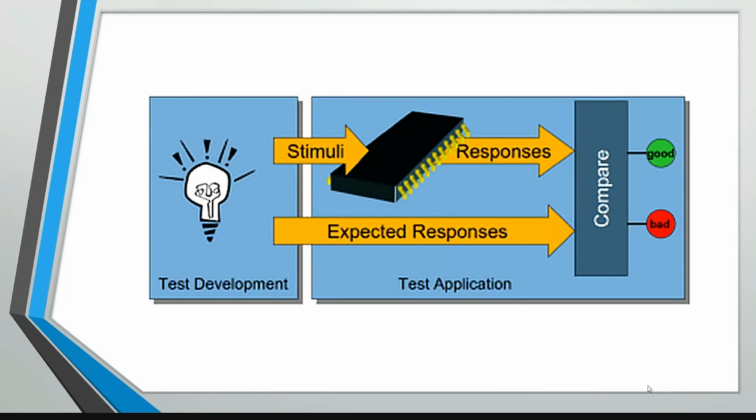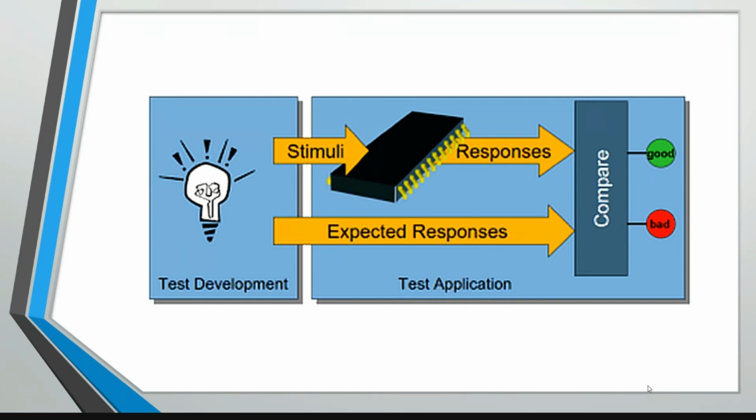The same will be provided to the tester, the automatic test equipment, and it is going to compare. Once we provide stimuli, if we see the expected response, then it is a good IC. If not, it is a bad IC.